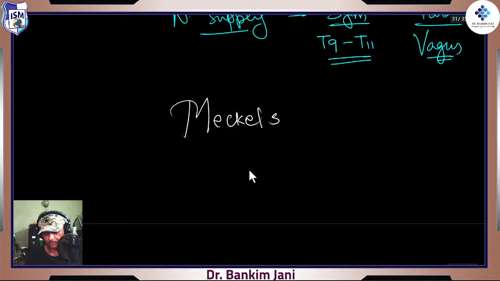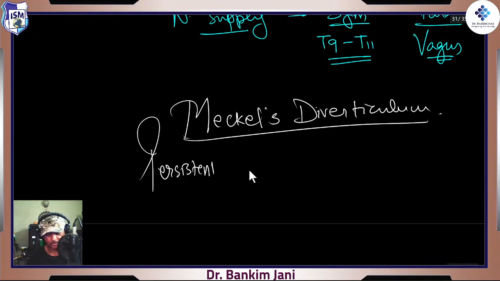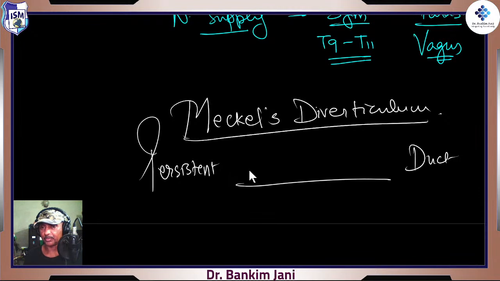Even I think you remember this also, Meckel's diverticulum. What was this? Only one keyword, that is persistent. Which duct? A duct which disappears, but if it persists, it may lead to a fistula.